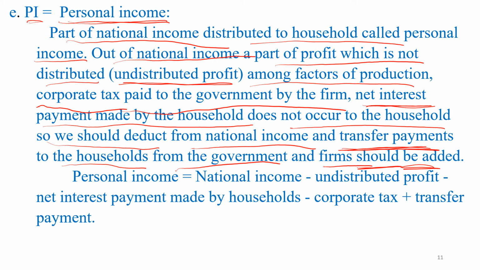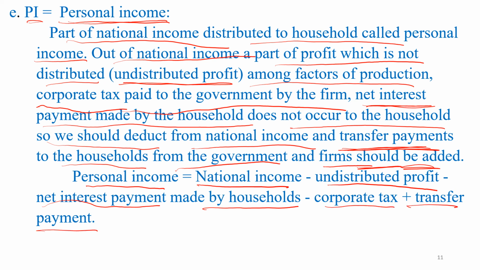In short, in the form of a formula, personal income is equal to national income minus undistributed profit minus net interest payment made by households minus corporate tax plus transfer payment. If you do, you will arrive at personal income.